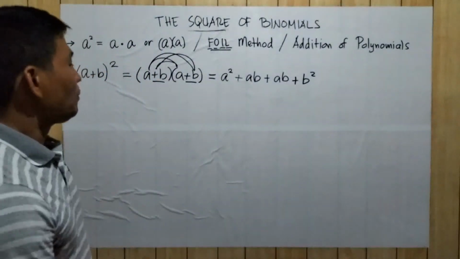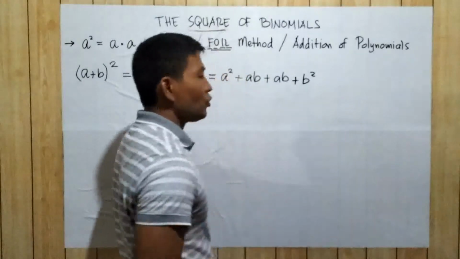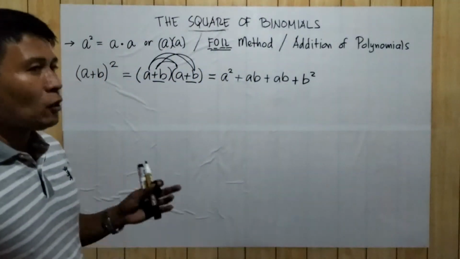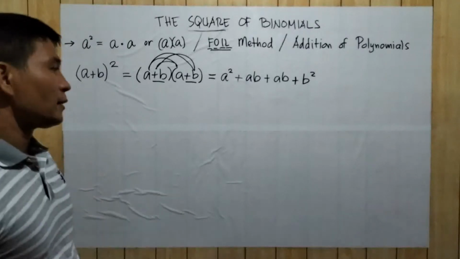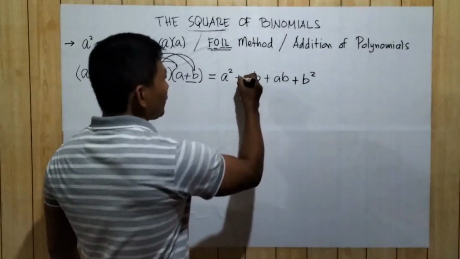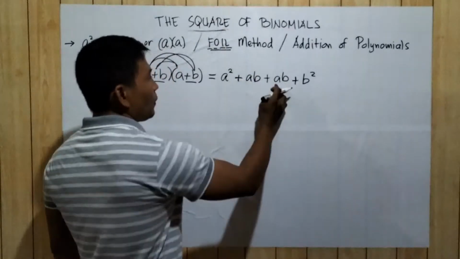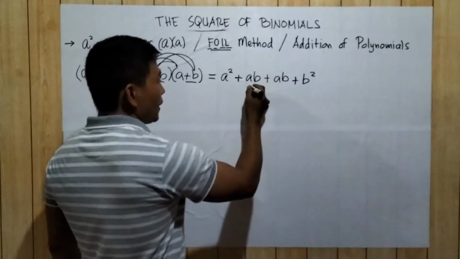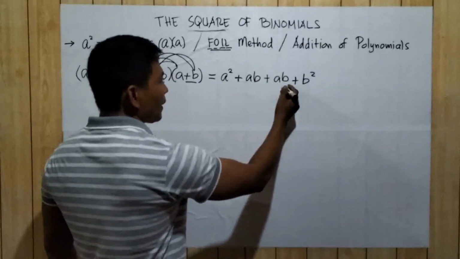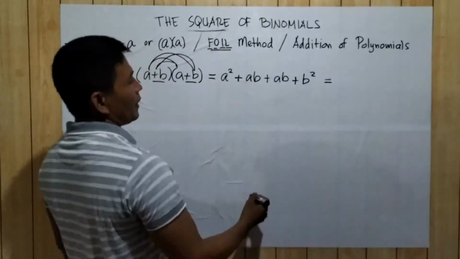Okay? Ngayon po, sabi ko kanina, dapat alam na rin natin yung addition ng polynomials, dahil doon po natin makita kung paano mag-combine ng similar terms. Having said that, we can combine ab at ab, kasi nga po, meron po silang the same na coefficients. So, ab plus ab is 2ab.